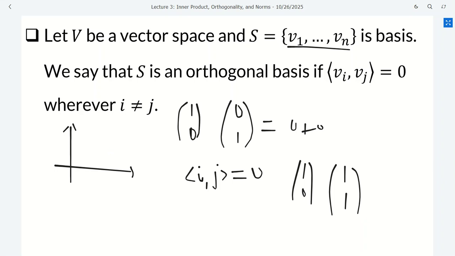Or you cannot type in the chat? Okay, then let me create a poll right now. So is the basis orthogonal? Just tell me.